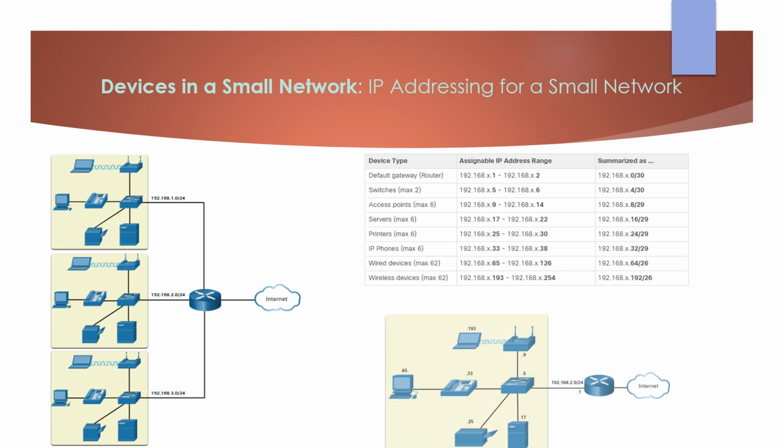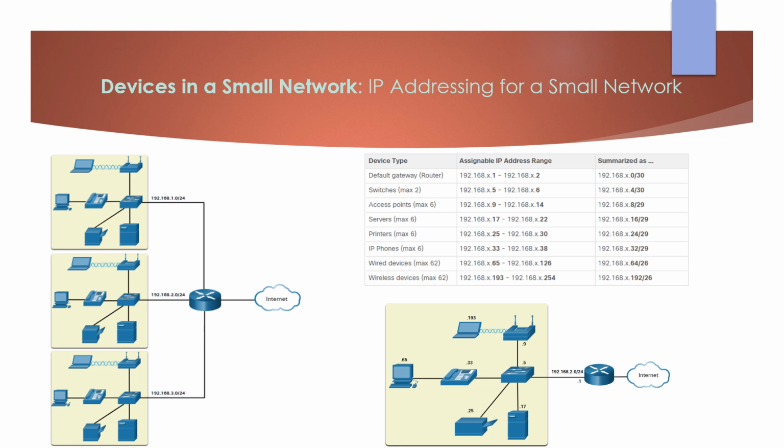And this last figure displays an example of 192.168.2.0/24 network devices with assigned IP addressing using the predefined IP addressing scheme. You may notice that the assignable IP address ranges were deliberately allocated on subnetwork boundaries to simplify summarizing the group type.